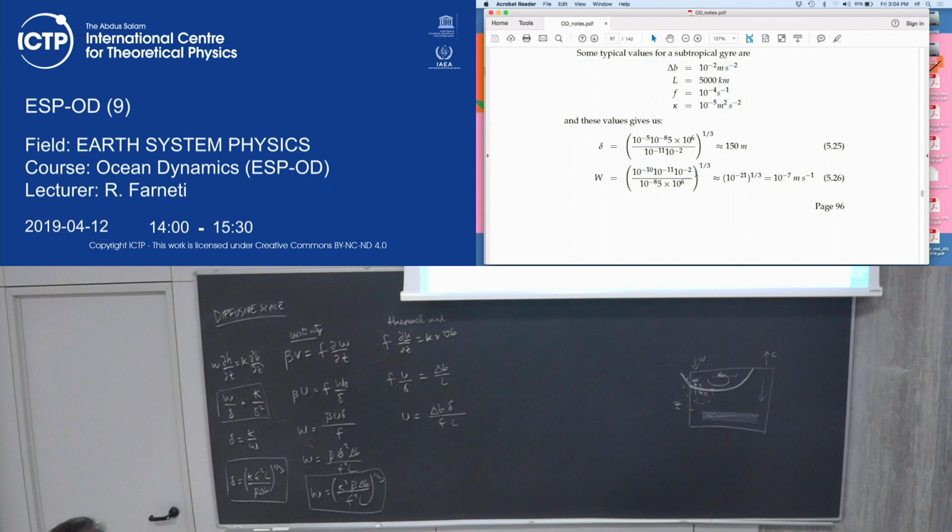Okay? So if you plug those numbers into the scaling for the thickness of the thermocline and the vertical velocity, you get numbers that are close to 150 meters for the depth of the thermocline, and a vertical velocity, which, if you remember, is the Ekman pumping, of something like 10 to the minus 7.